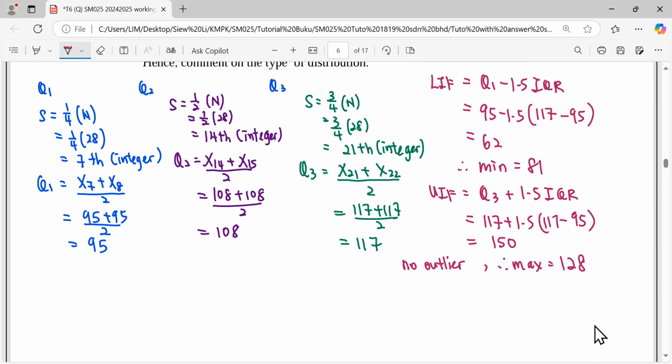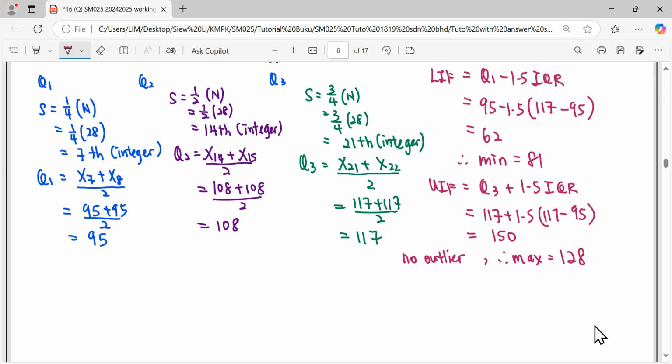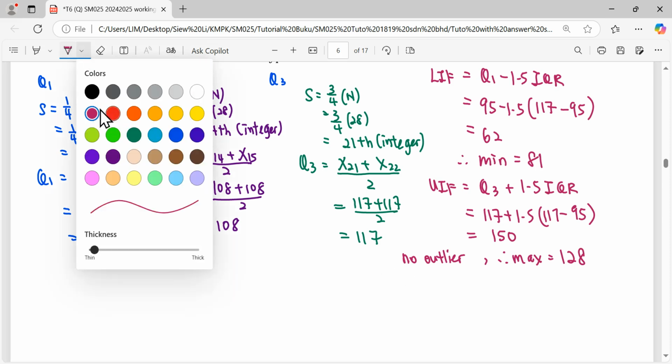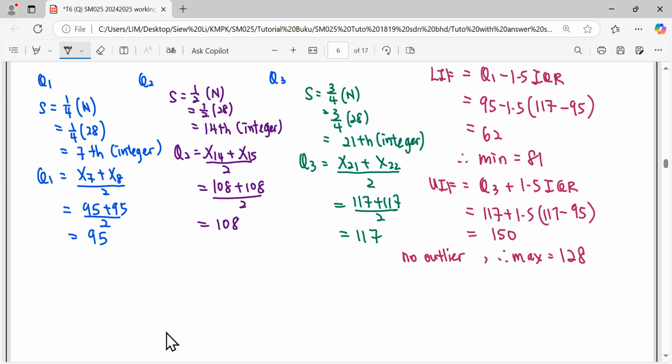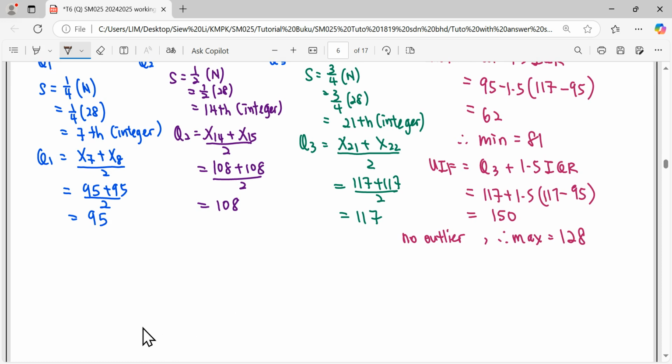Then we can start to draw our box and whisker. From the smallest value, we can see 62, so 60 up to 150. Build up our scale: 60, 70, 80, 90.